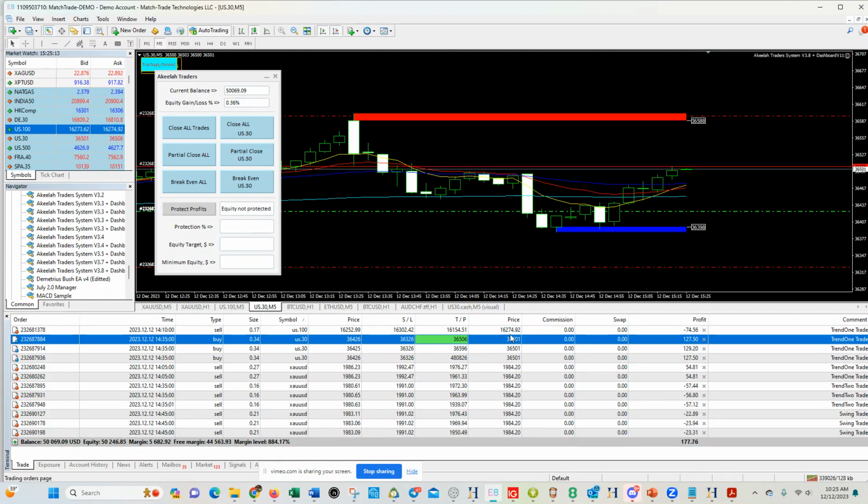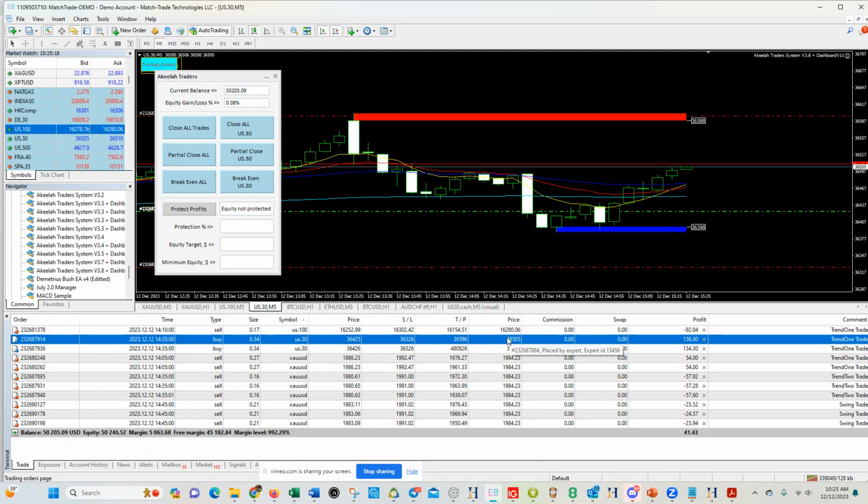This is what I need, 36,506 to close out. It looks super close. Okay, so it did. So we hit that profit target there. We'll give this just a second. So we close out the first one.